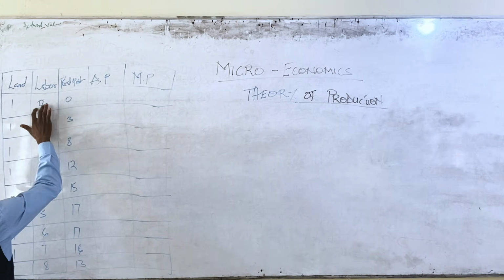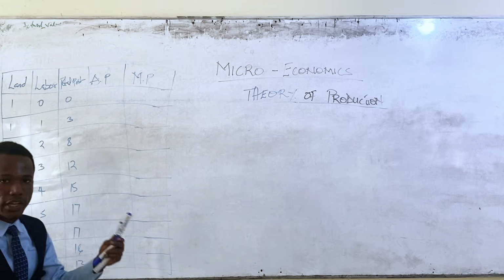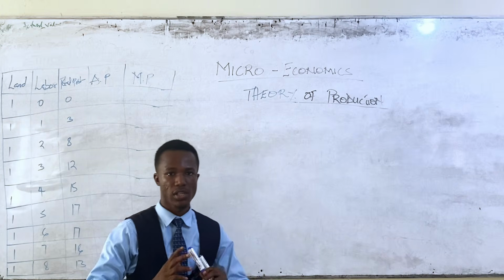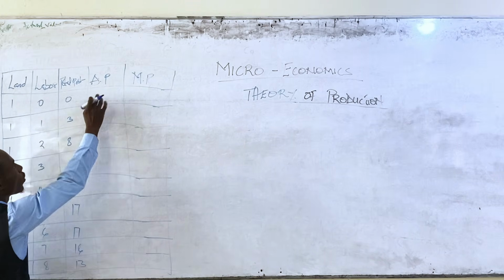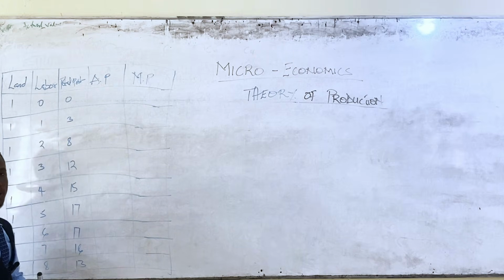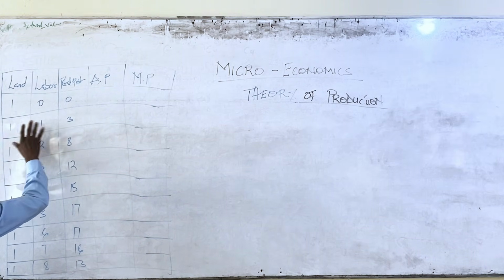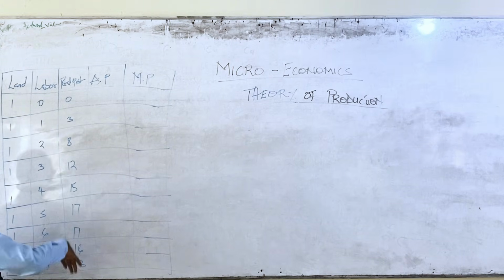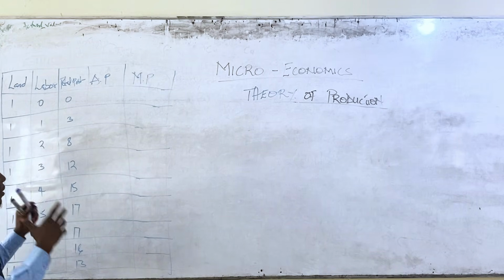So here, since you don't have labor working on that particular land, production is 0. And so at the very first stage, your total product is 0. But for the rest of the total product, it does not come with any criteria, it's just an assumption. So all the figures that you are seeing here are just some assumption.